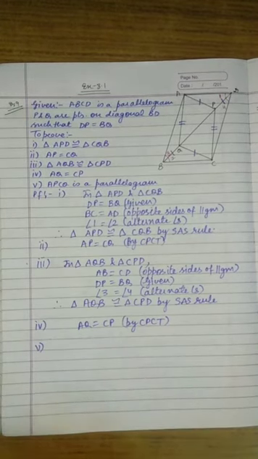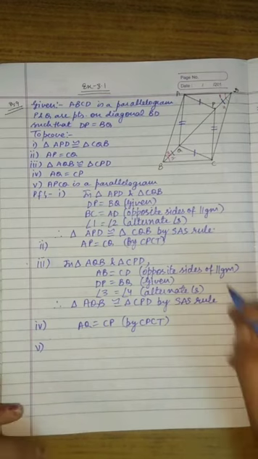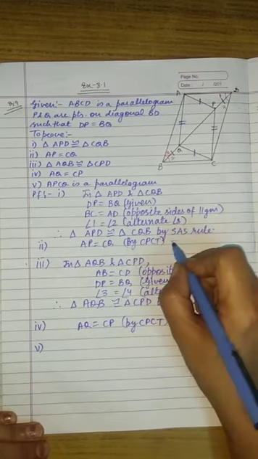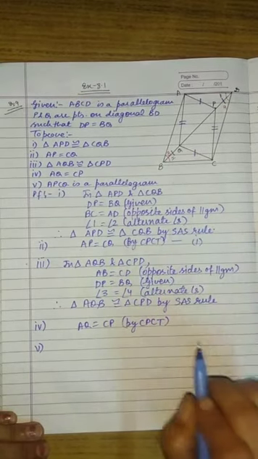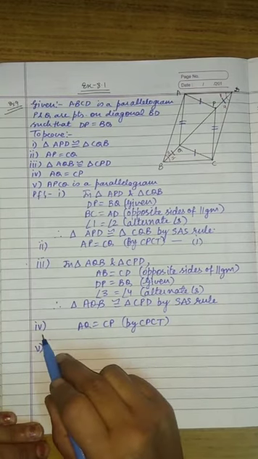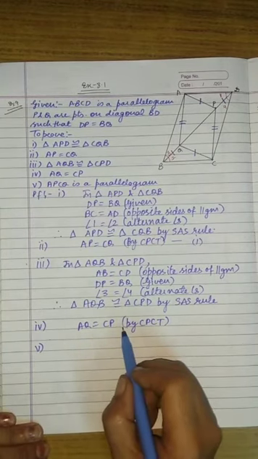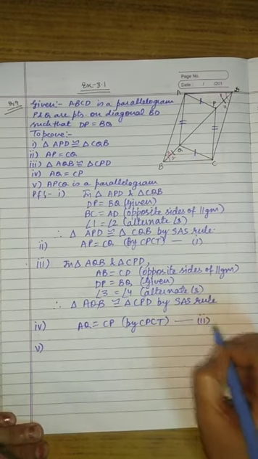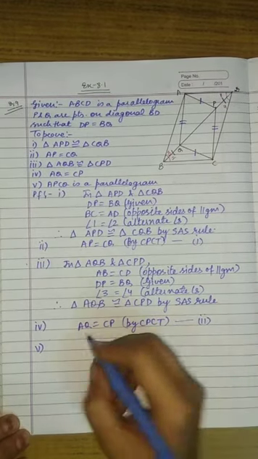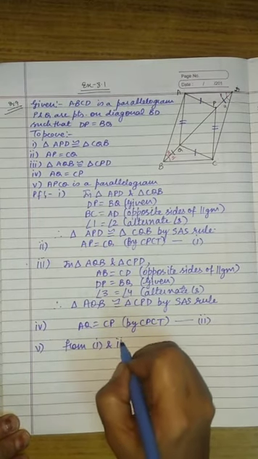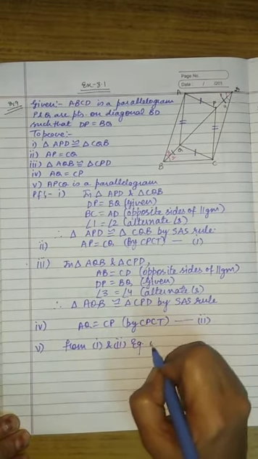So the result which we got from second part, that is AP is equal to CQ, let it be equation 1. Then the result in fourth part, that is AQ is equal to CP, let it be the second equation.